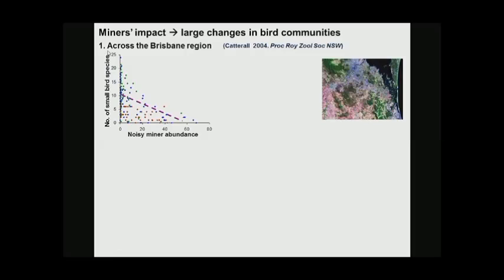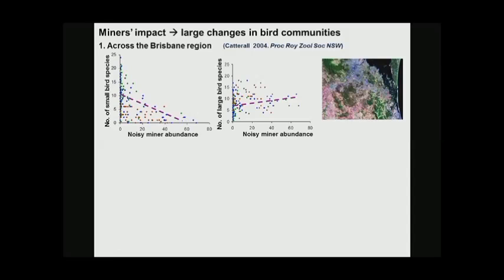Where you have no noisy miners, sometimes you don't have many small bird species, sometimes you have lots. Where you have lots of noisy miners, you never have lots of small bird species. And if we do the same graph for larger bird species, there's actually a positive trend, which is significant, but not nearly so striking.